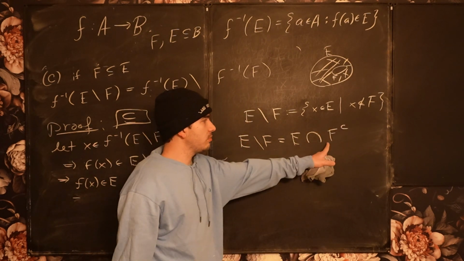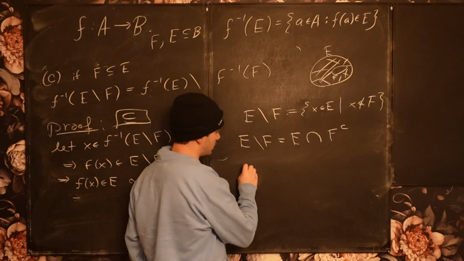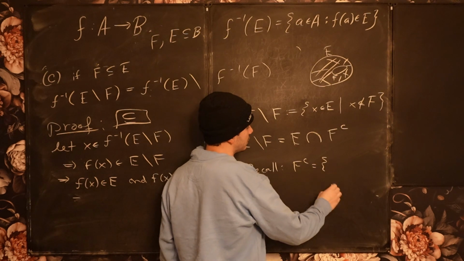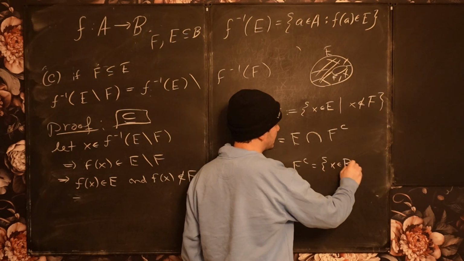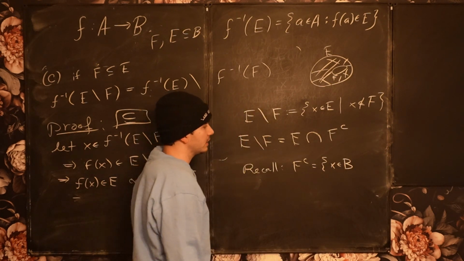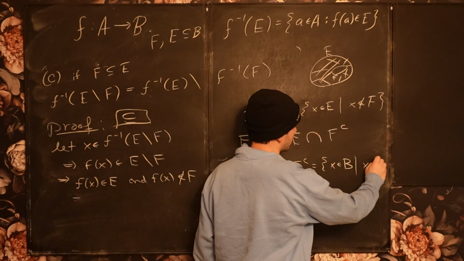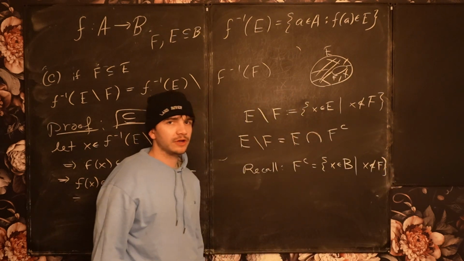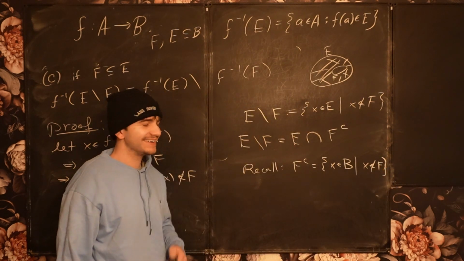Recall that F complement, by definition, is the set of all x in our larger space B such that x is not in F. So these are just three different sides of the same coin.